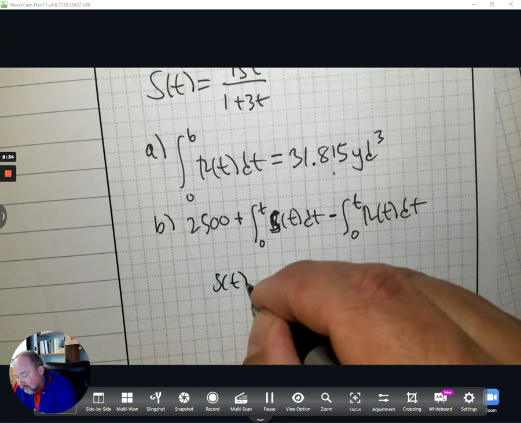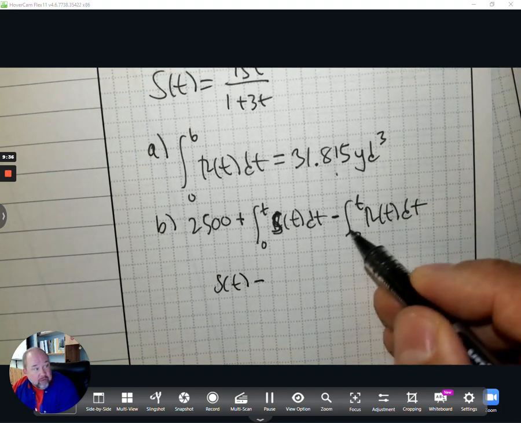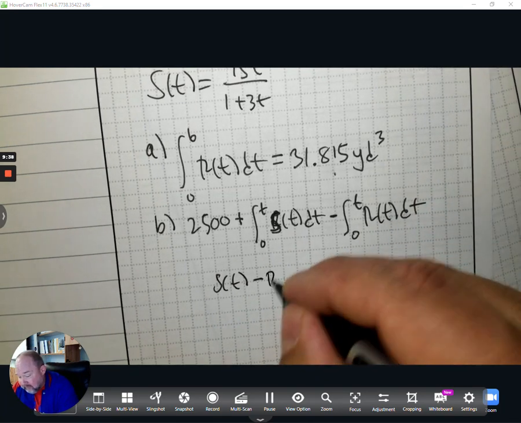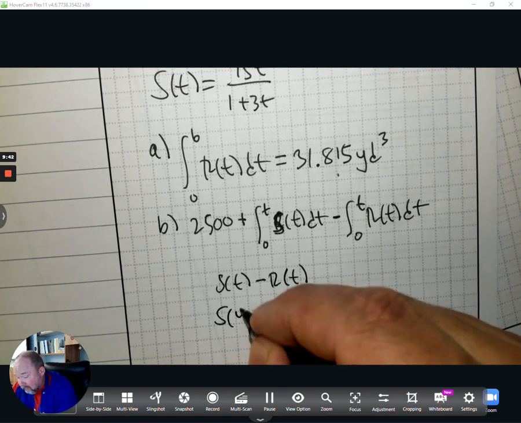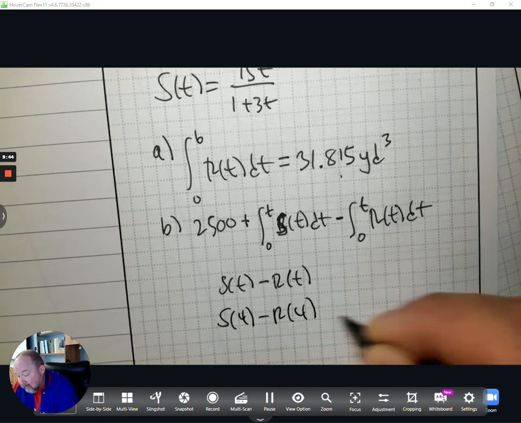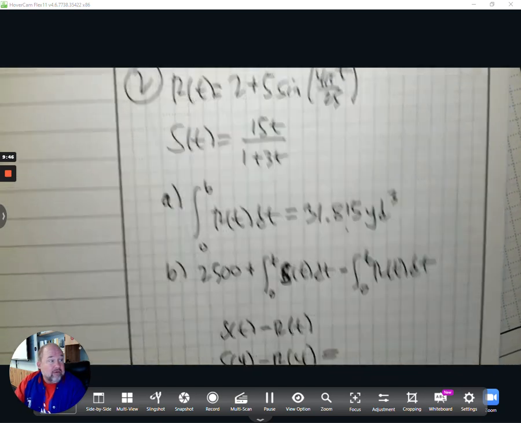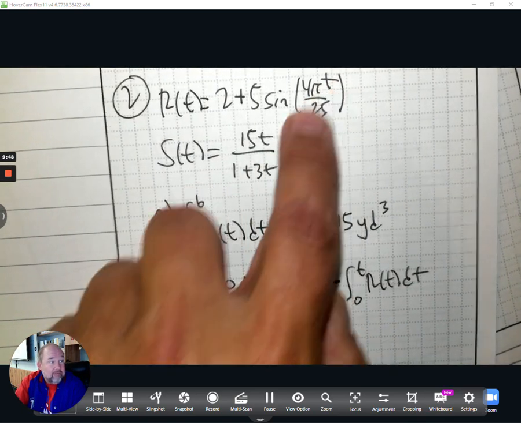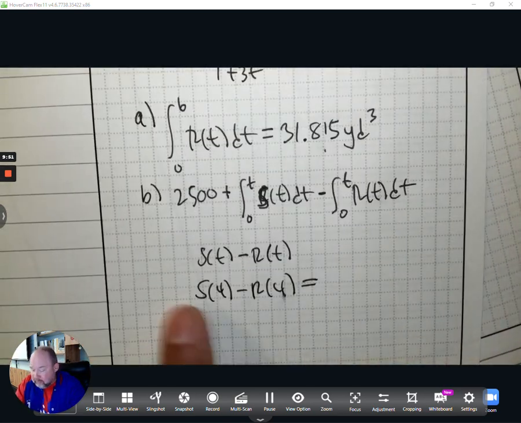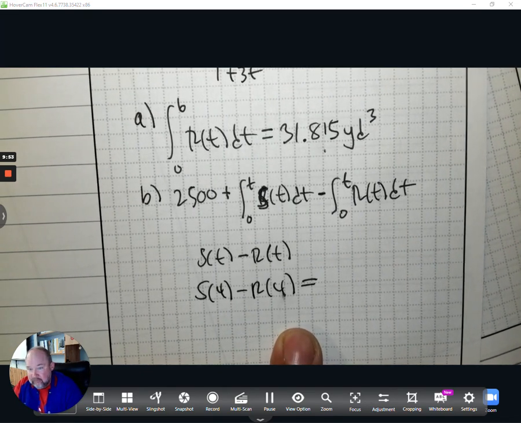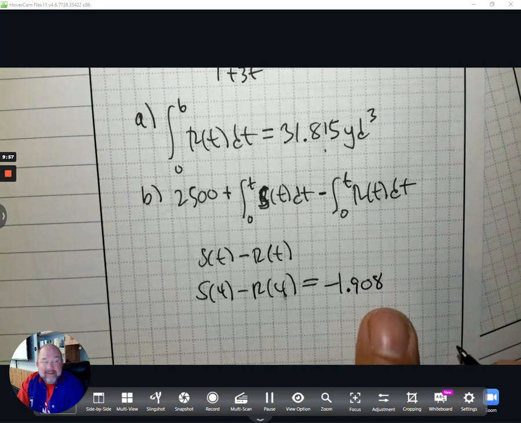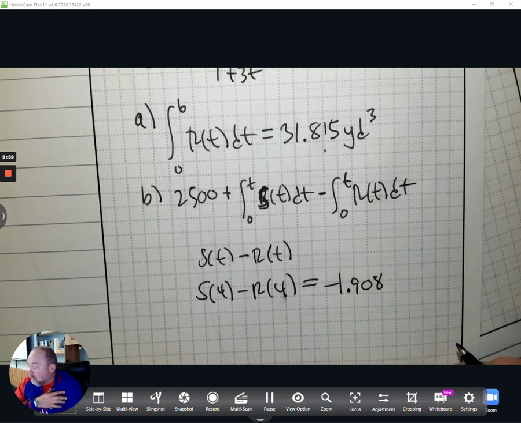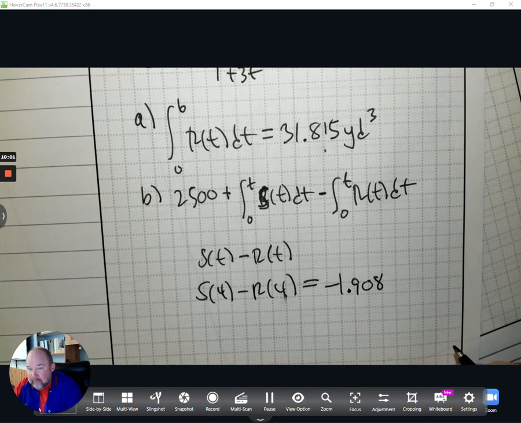It's just S at t. Take the derivative and you just plug in and it's just R at t. And then it says t equals 4. So then you just plug in 4. That means with your calculator, you would plug in 4, and subtract and see what the answer is. And if you use your calculator, you would notice there's a negative answer. So what do you know about the rate at that time? The rate is decreasing, right?